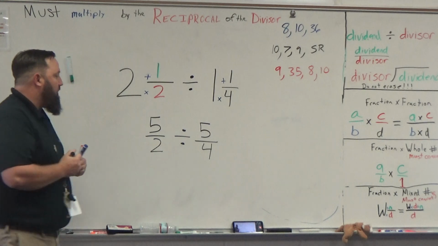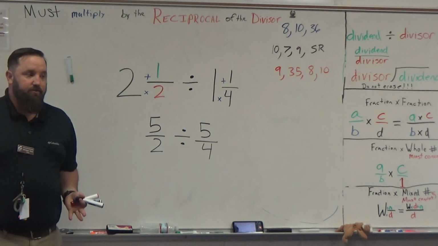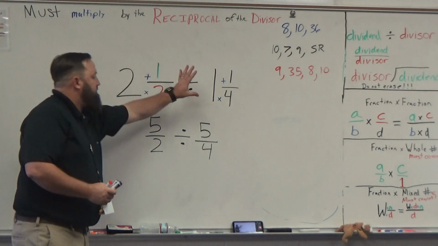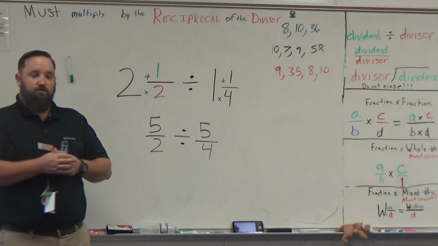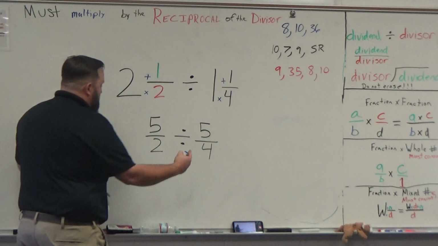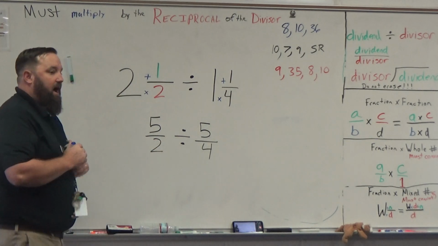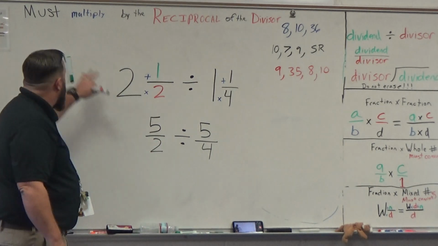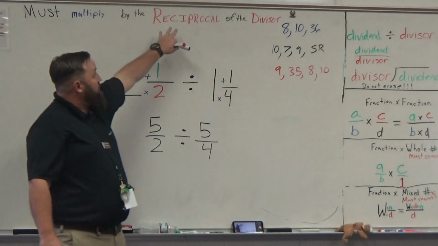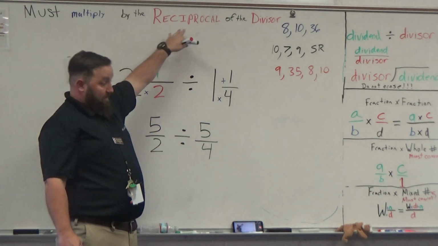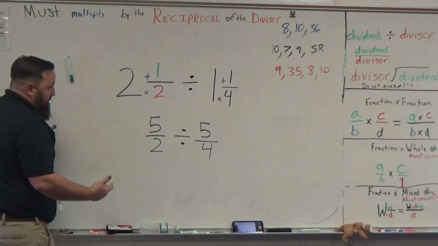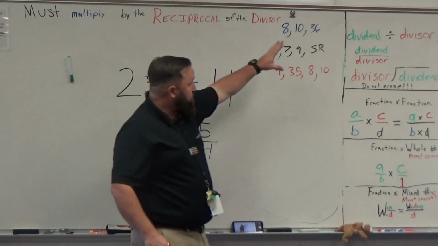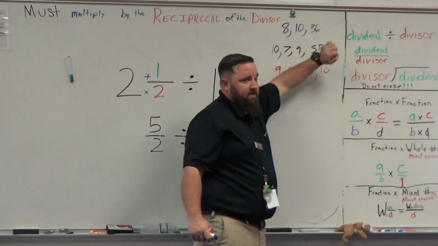Okay? Now, have I done all my conversions? Yes, I've converted both mixed numbers to improper fractions. Okay, now I'm ready for operations. So, for operations, I know my operation is division. How do I divide fractions? I divide them by multiplying by the reciprocal of the divisor, right? So, to know which one's the divisor, we have to read the mathematical sentence.